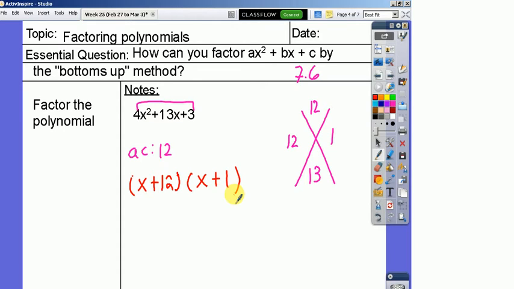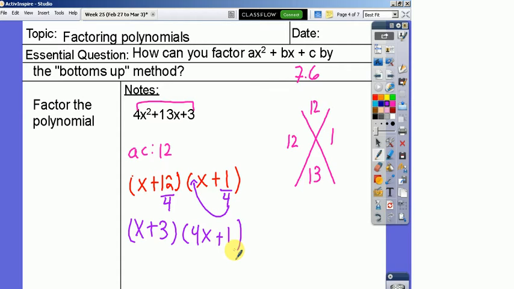All you're going to do is you're going to divide by that coefficient. You're going to take this number, divide, take this number, divide, reduce when you can. Okay? And if you can't, you're going to bring it from the bottom up. Yeah? So this becomes x plus 3 times 4x plus 1.